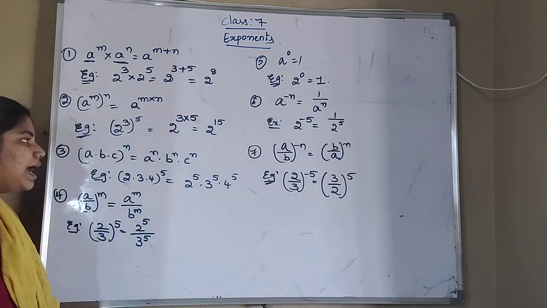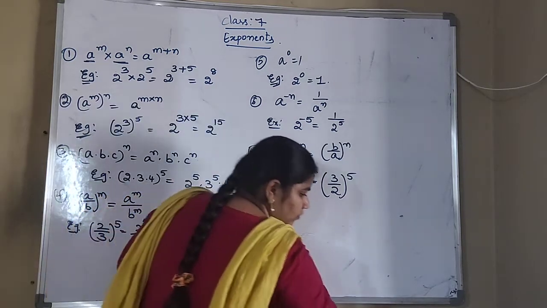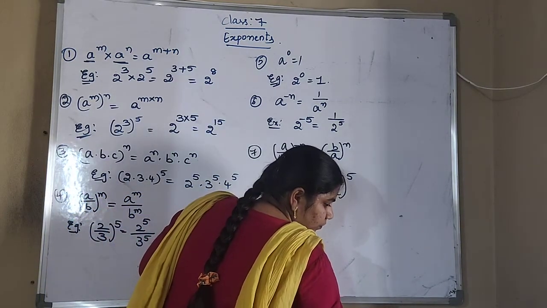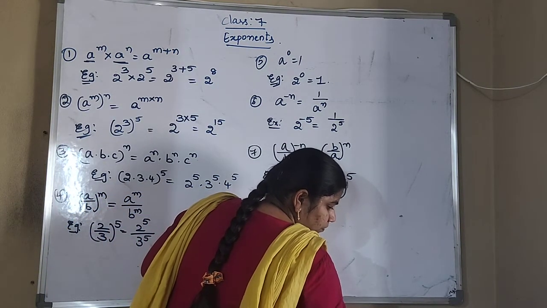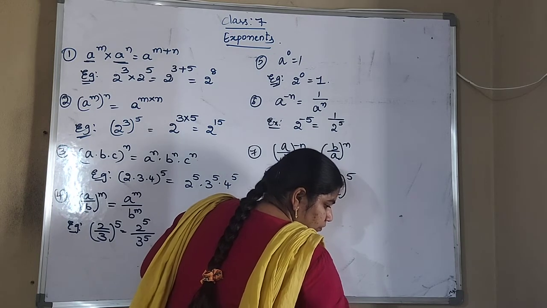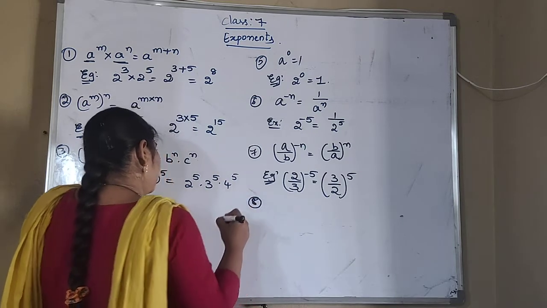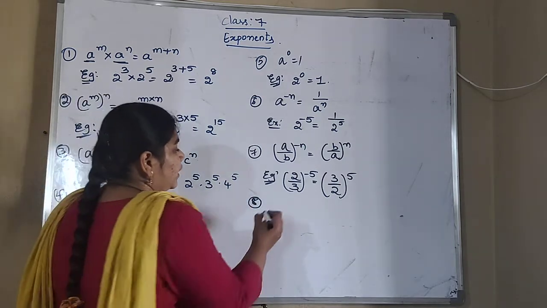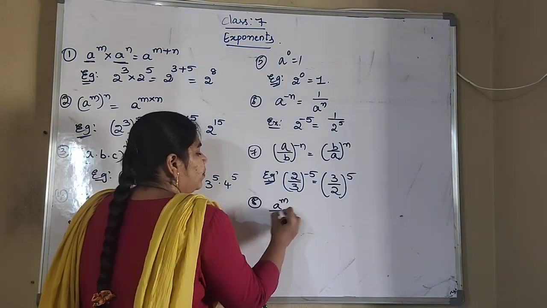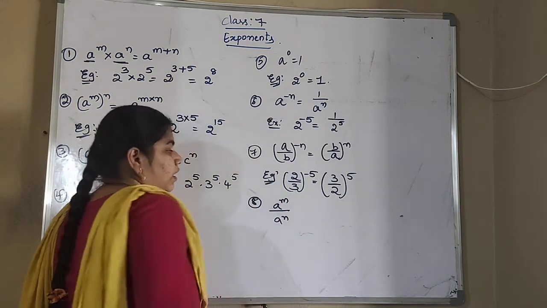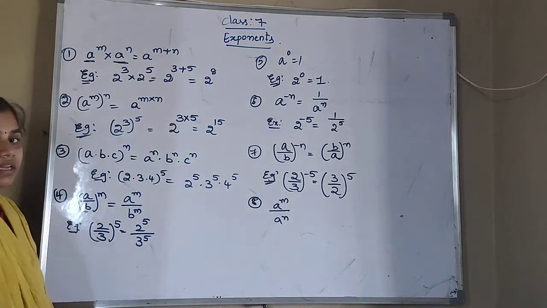Okay. Now the last formula. One more very important formula. In total, there are 9 formulas. So next is a^m / a^n.